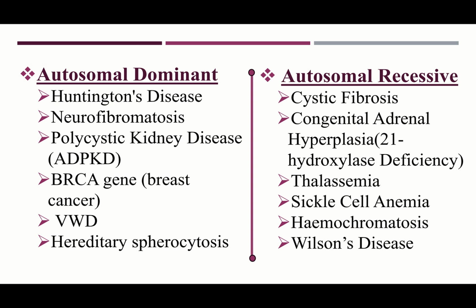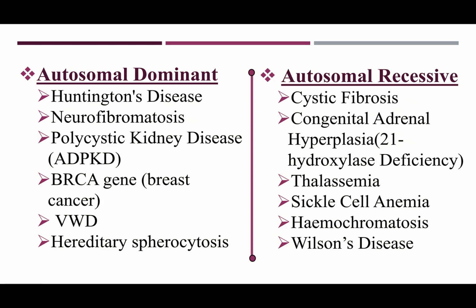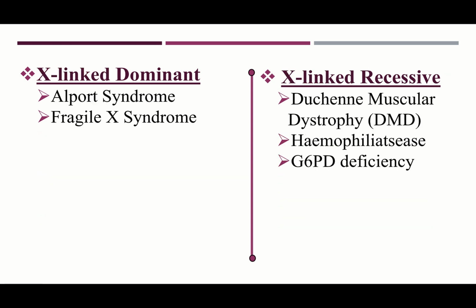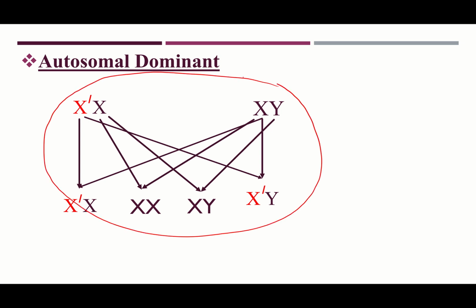They have many more examples of autosomal dominant, X-linked dominant, much more critical, but these two slides and these examples are more than enough for you to know in your UKMLA Part 1 exam. So you just have to memorize these two slides. Okay, after you have memorized these two slides, you proceed and solve different scenarios this way. Okay, you have to know how to do this calculation.